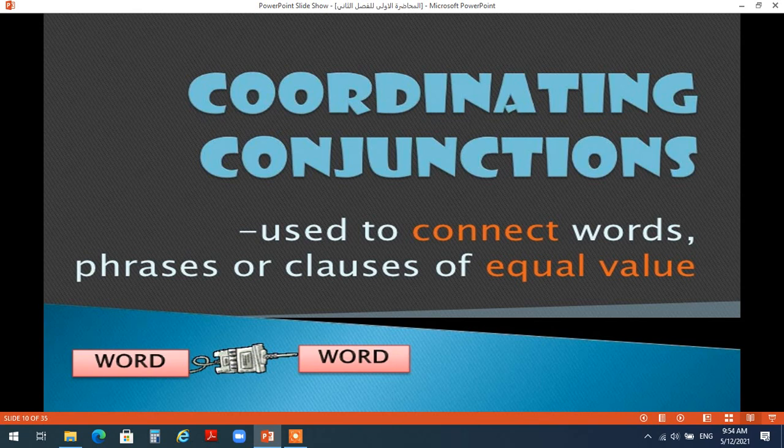So, as if you have two words which are linked together or two phrases or two clauses وكل كلمة أو كل عبارة اسمية تكون متساوية من حيث الأهمية. This is what we mean by connecting phrases or words or clauses by using coordinating conjunctions.